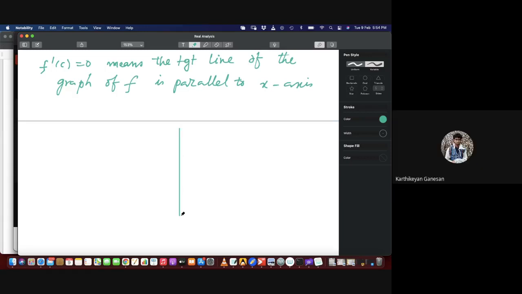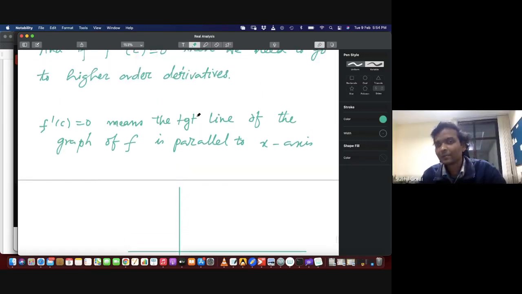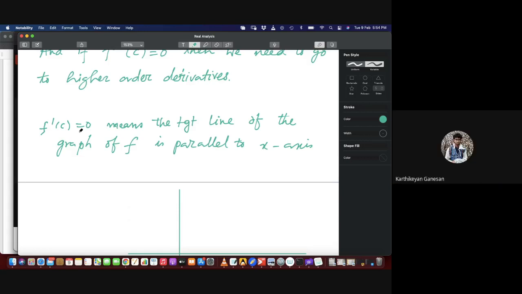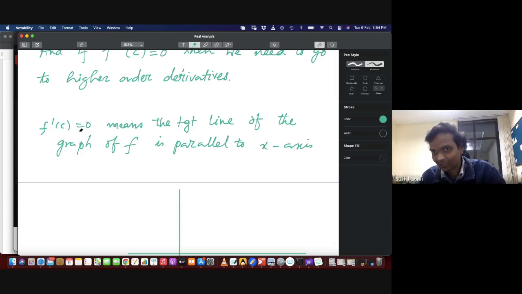So does this condition hold only for local maxima and local minima, or in general? The point is, where there is a maximum or minimum, the derivative will be 0. Whether you consider it a global max, global min, local max or local min, doesn't matter.